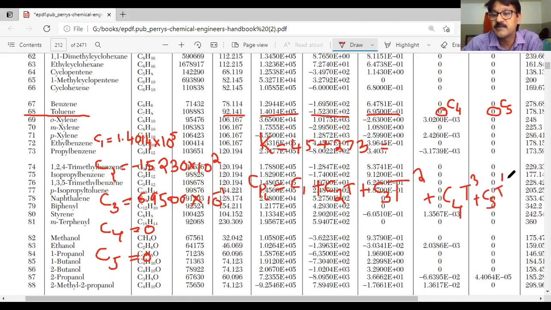The last terms get cancelled because those values are 0. So only use this and tell me the value. I don't have this value, you have to tell, but I know the nearest value. First you tell me this value.